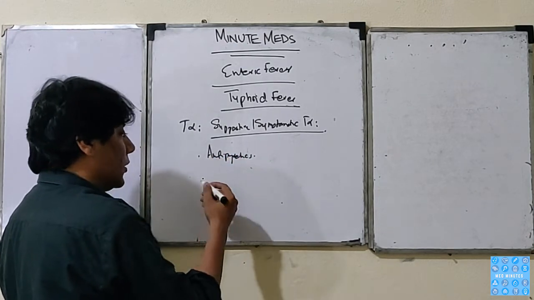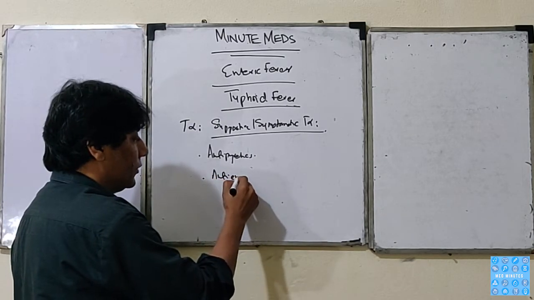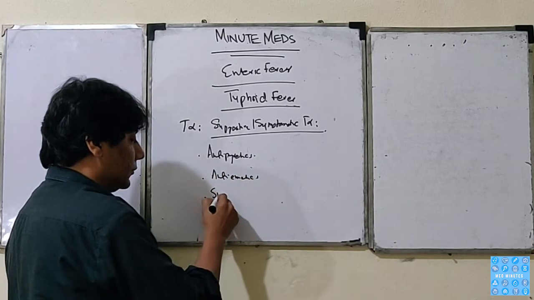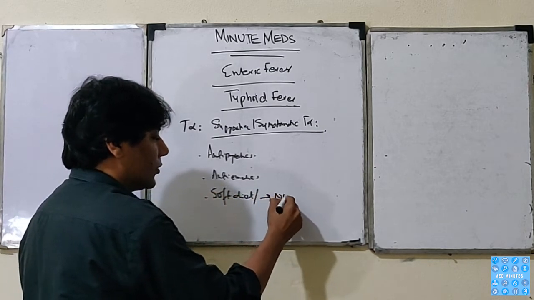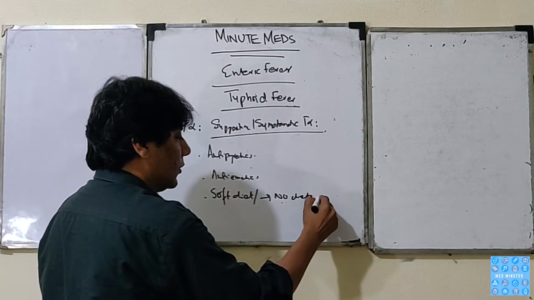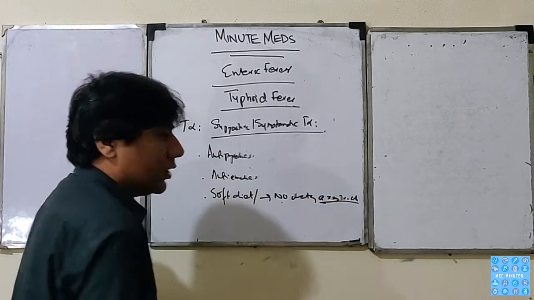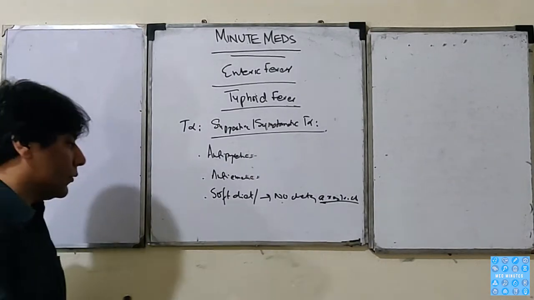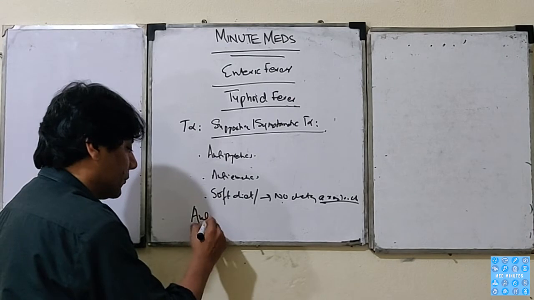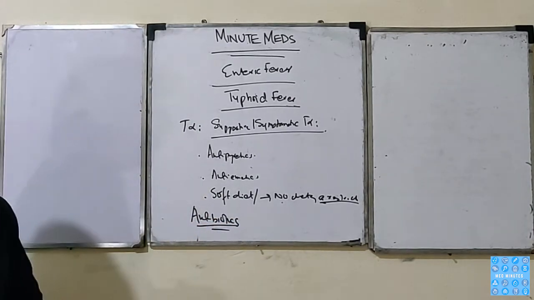If the patient is having nausea, vomiting, then an antiemetic should be prescribed. Soft diet, no dietary restriction, whatever the patient can take, we advise them to take. Now, the main thing, the backbone of the treatment, is antibiotics. That should be given according to the culture sensitivity of a particular region.